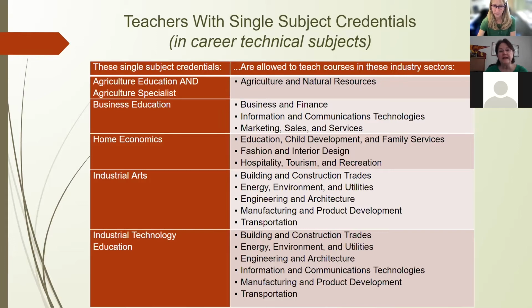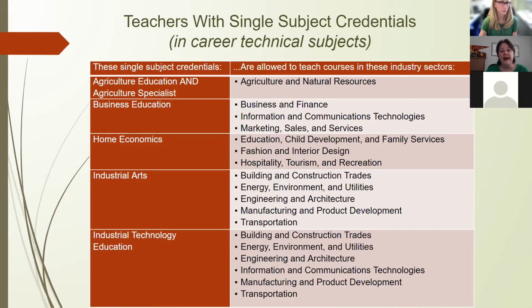And what we've advised districts is this: if that teacher has work experience and you can document it and keep it on file, then when someone comes through every, say, 3 years to do a Perkins review in your district, you could show them this teacher has a single subject business ed credential, and here's their work experience in business and finance.